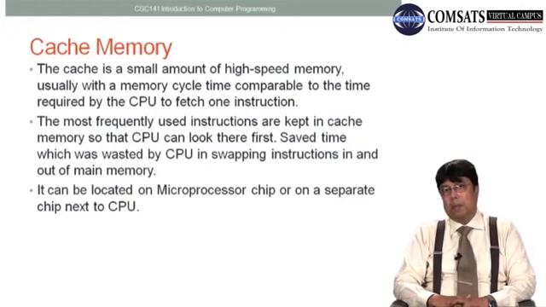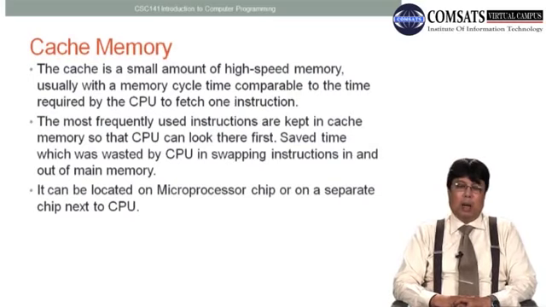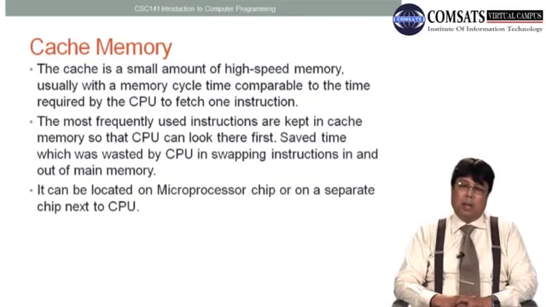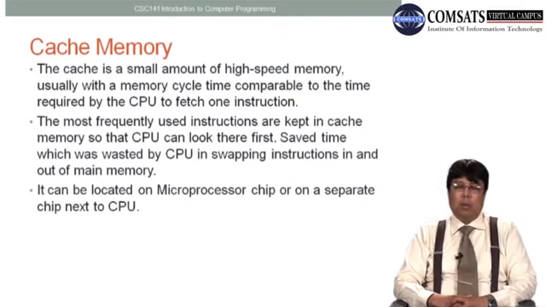Fetch, decode, execute, and store the result. So this fetch requires time, and that time is called the memory cycle time, which is comparable to the time required by the CPU to fetch the instruction.